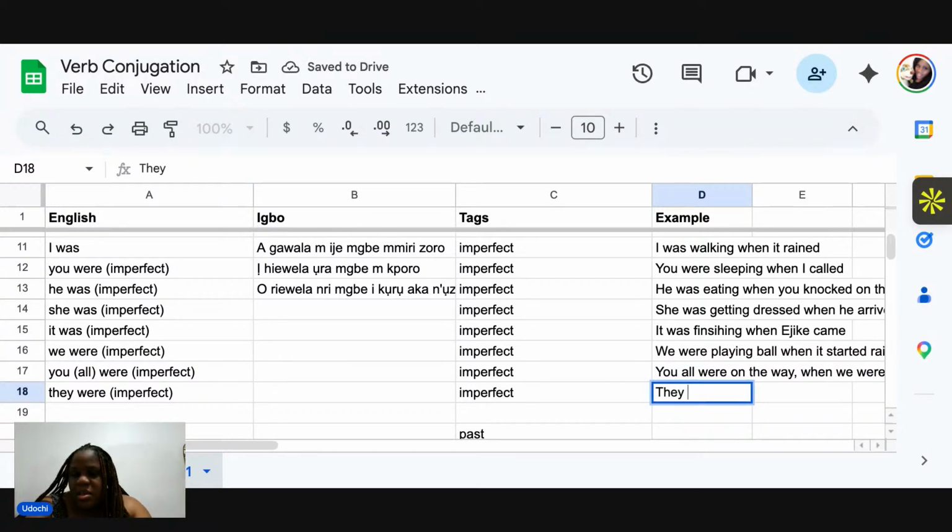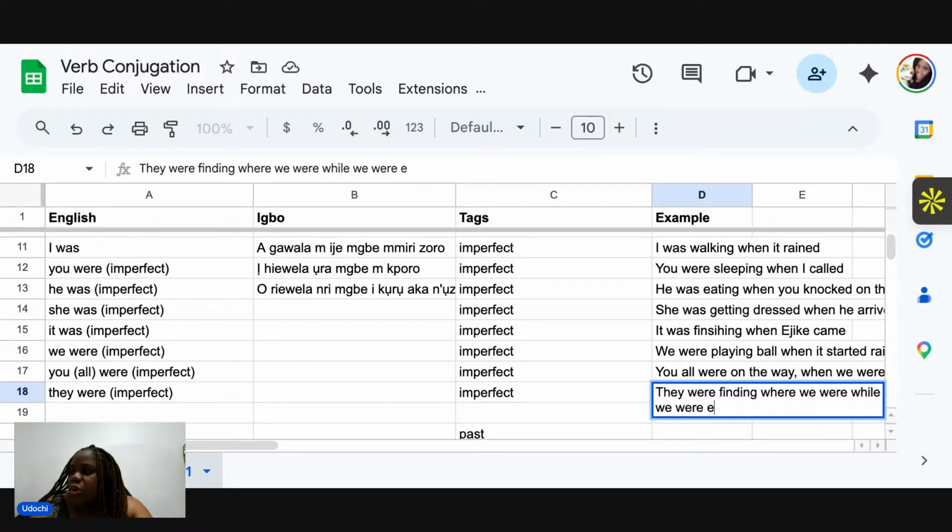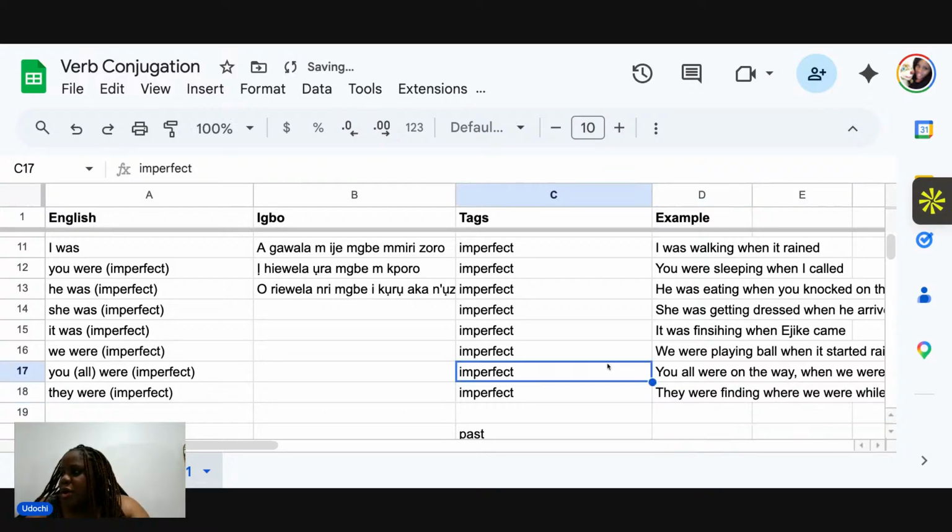They were finding, what were they finding? They were finding where we were while we were eating. Okay. All right.